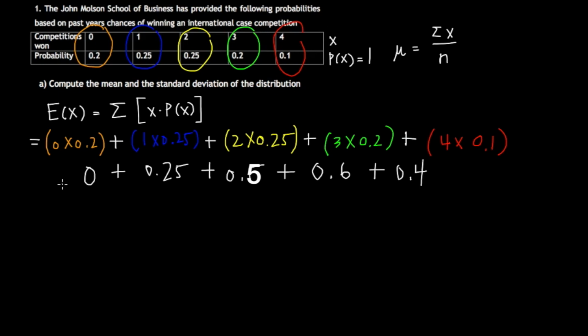Now when I add all this up, what do I get? I simply get my average number of competitions, which is a total of, whoops, sorry about that, 1.575 competitions that can be won on average per year.